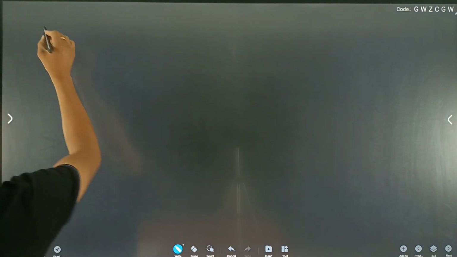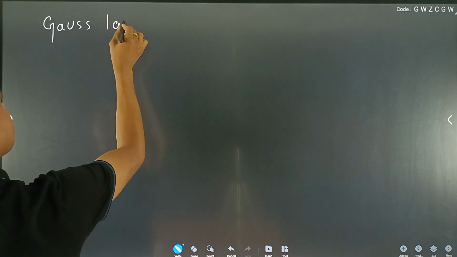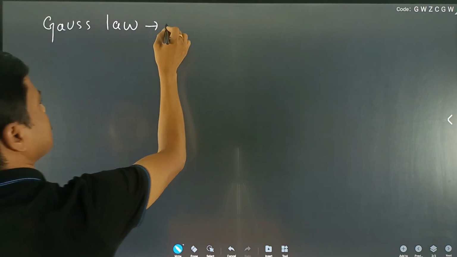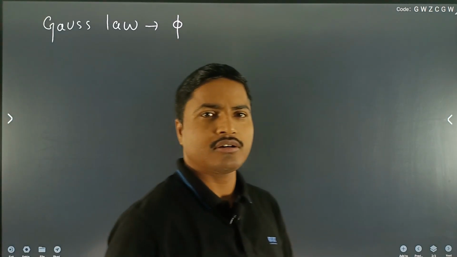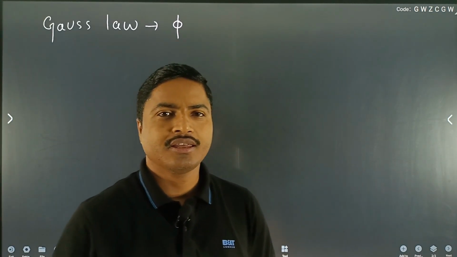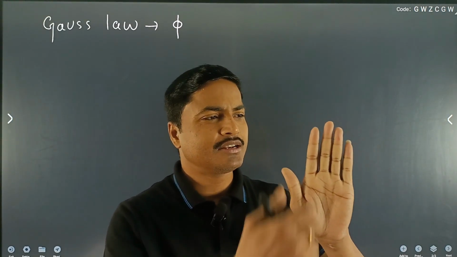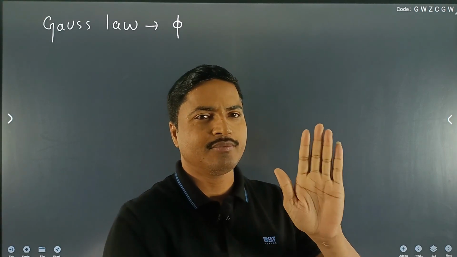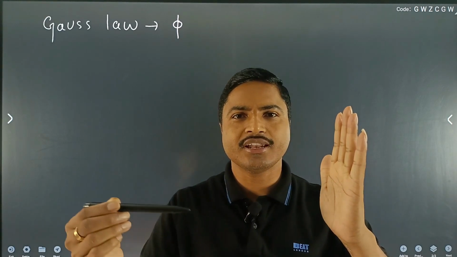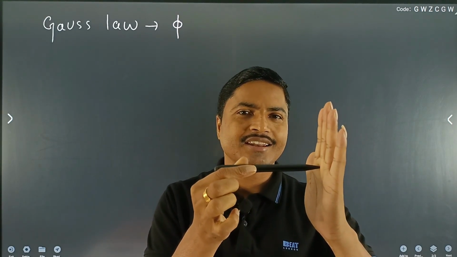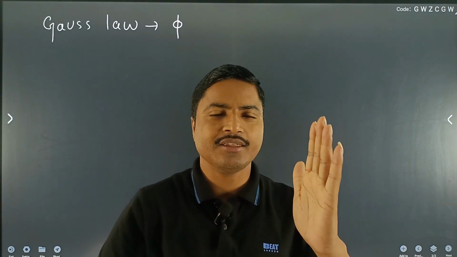Gauss law is that the total electric flux, phi, means electric flux. You also know the meaning of electric flux. Suppose we take an area element, a small area element, and these are the electric field lines, perpendicular to the small area element.